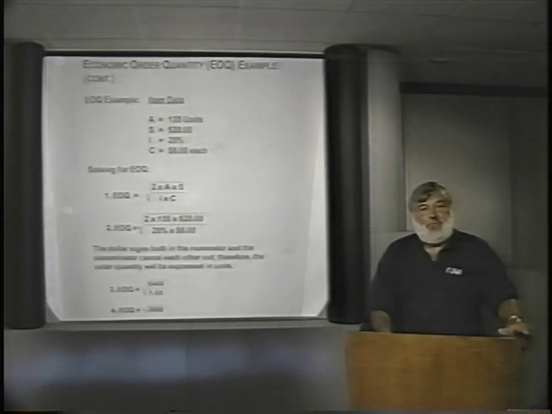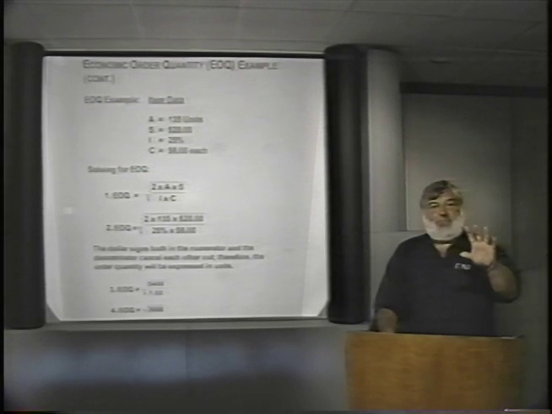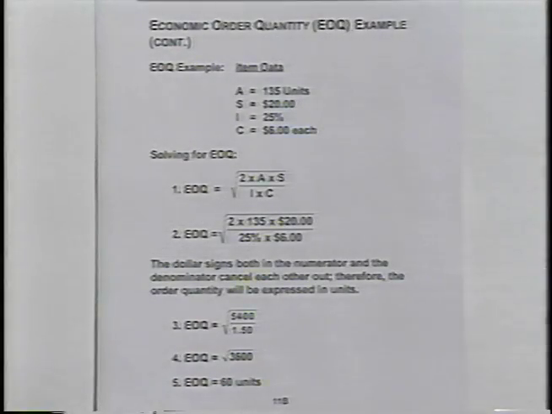So here in step 2, we're taking a formula from step 1 and we're putting the data into it. And then step 3 is the actual calculation, which is multiplication of the numerator by the denominator. Since the numerator and the denominator in this illustration each have dollar signs, those dollar signs cancel each other out, and therefore we come out with the partial answer that is in step 3.